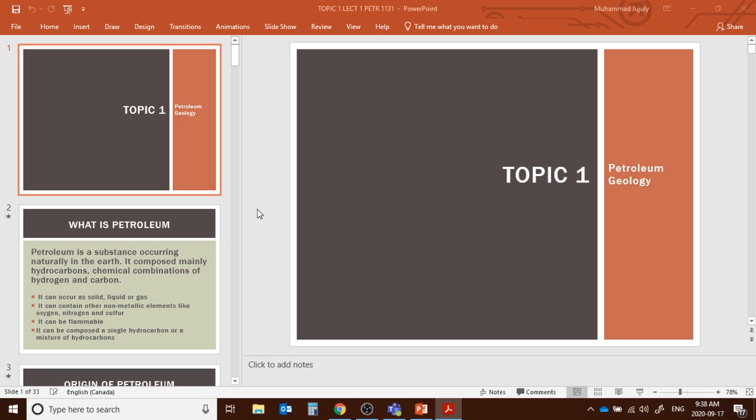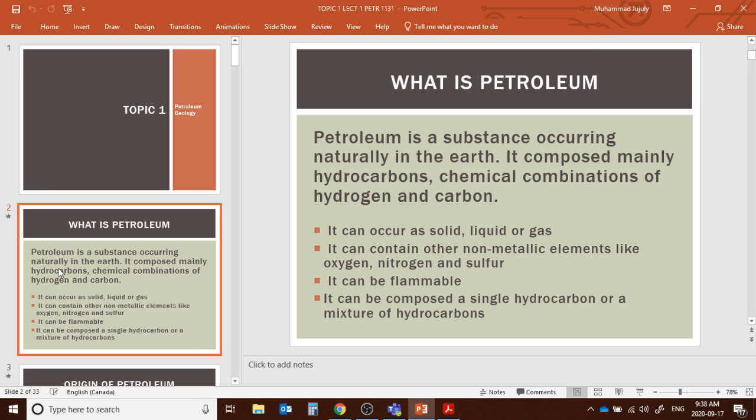Okay, so first things first, petroleum. What is petroleum? Petroleum is a substance occurring naturally in the earth. That means it is a natural element. It's not something derived in labs or anything. It occurs naturally.